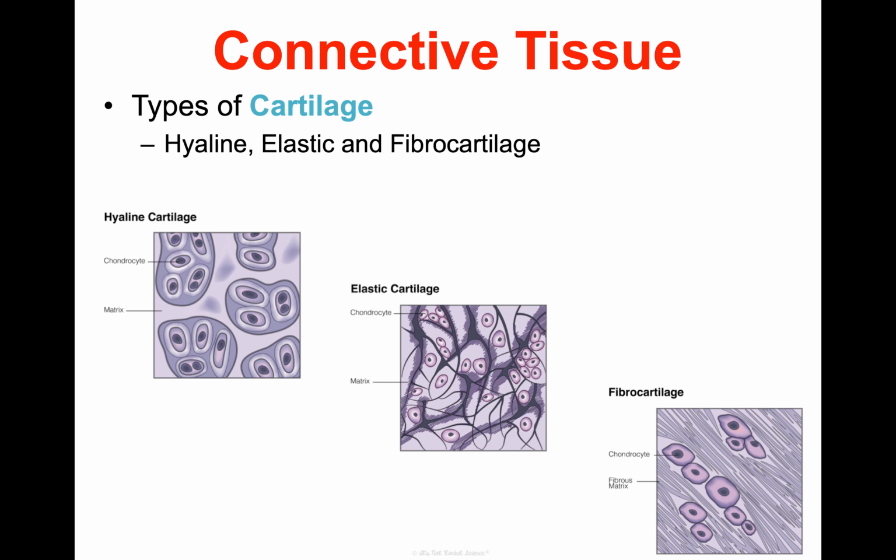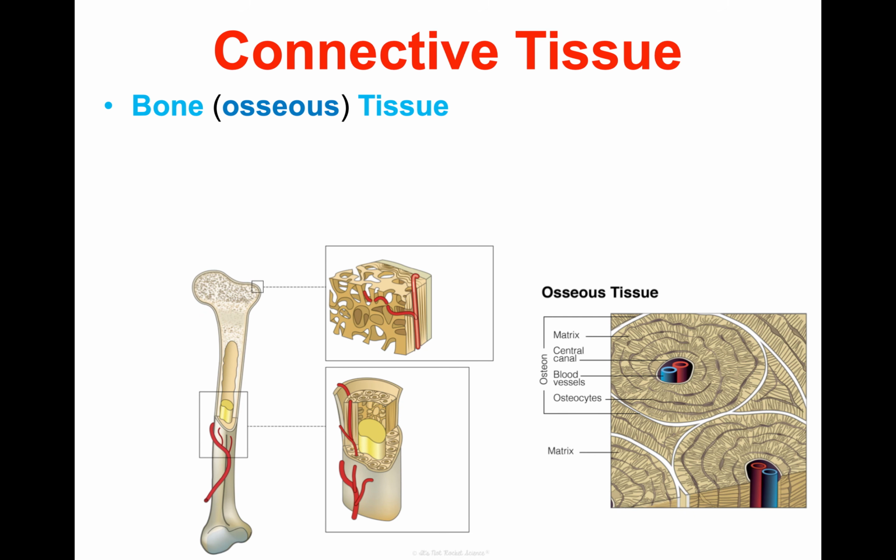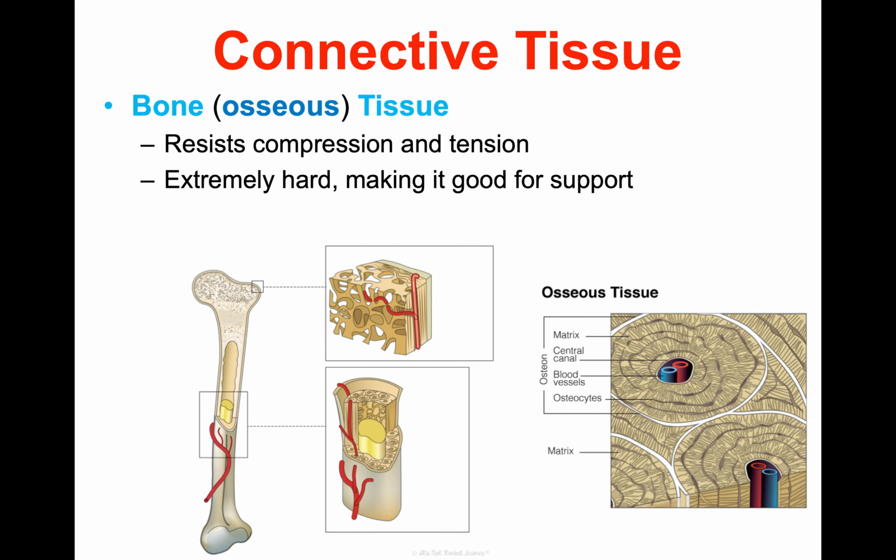We also have different types of cartilage: hyaline, elastic, and fibrocartilage. All of them resist compression, and they're able to do that by holding large amounts of water. So that's one way they protect against those forces. And then your bone, or osseous tissue, resists compression and tension, of course, and it's extremely hard, which makes it so good for support.